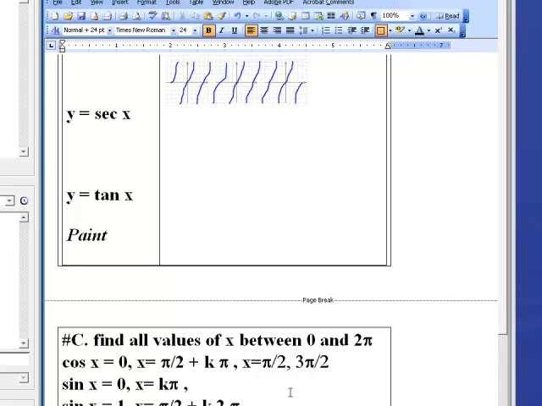Tangent x equals 0, we found out, well, it's 0 at 0 itself, it's 0 again at pi, and it is also within the rule that says k pi in general. And tangent is undefined at pi over 2, 3 pi over 2, and I believe these were the only ones inside the interval.